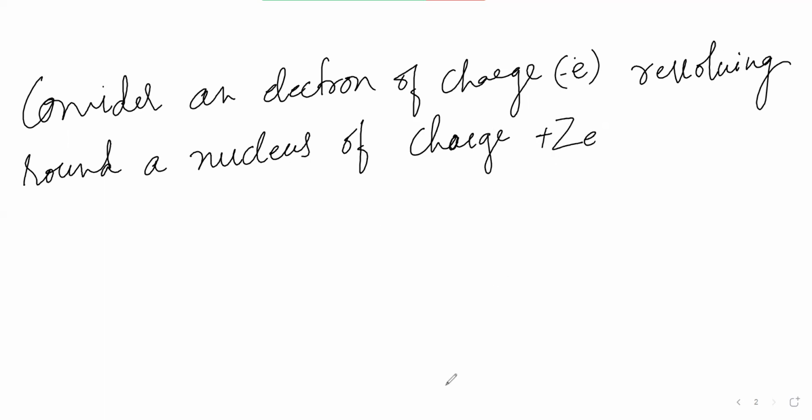Always we should start with some explanation. We have to give some description. Suddenly we cannot start with the expressions, derivations. Always you have to give a small introduction about the diagram or any derivations.